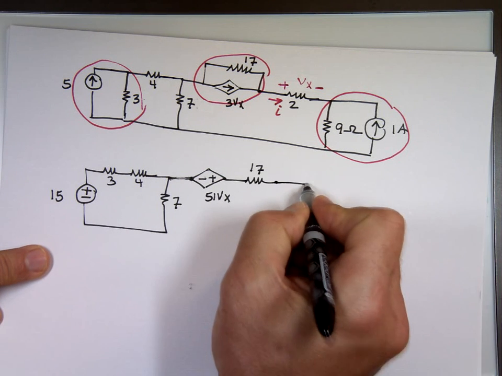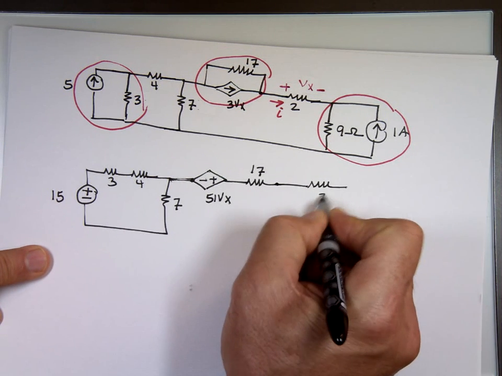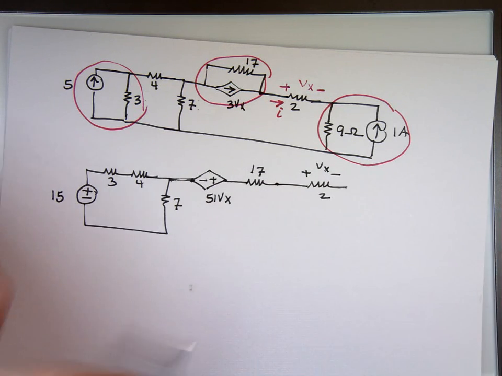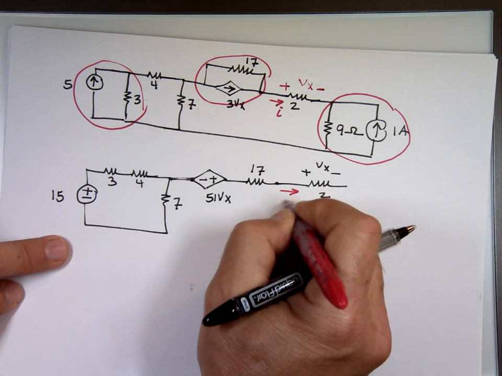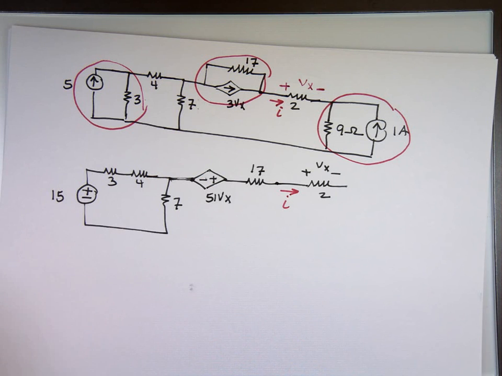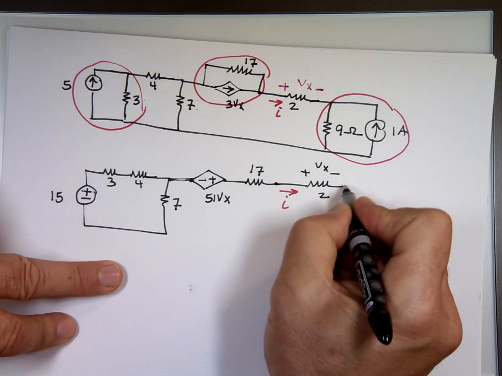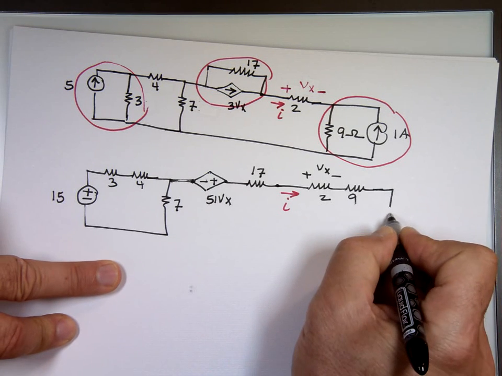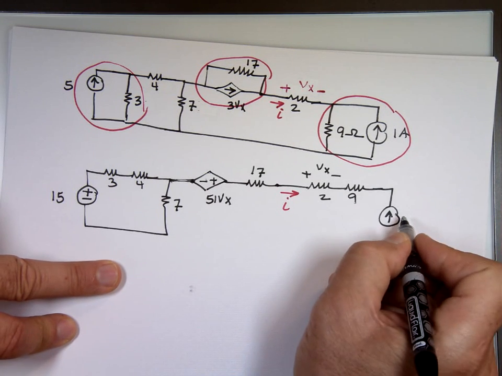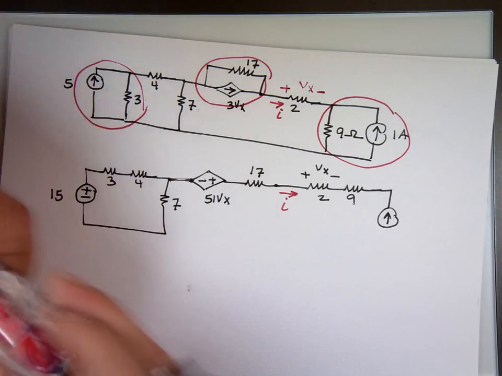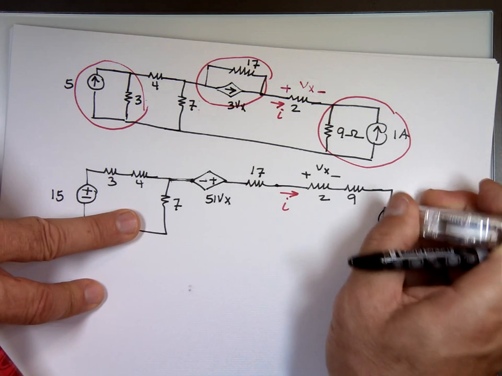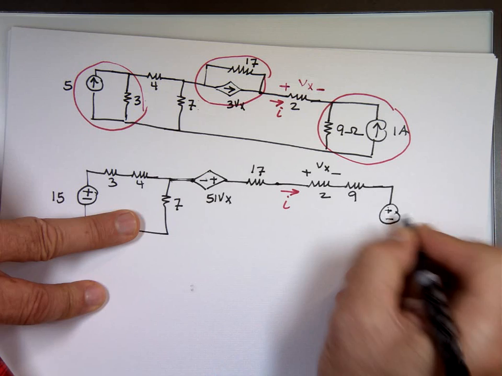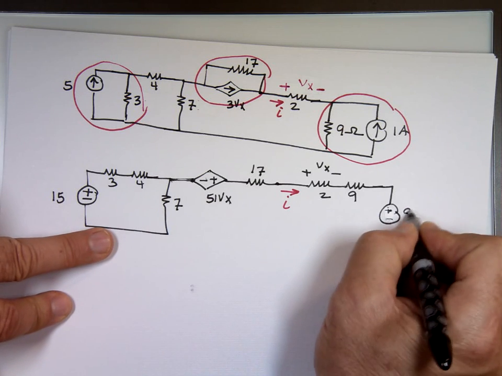This is that Vx, the 2 here. This is I going in this way. This is the 9. Oh, sorry, I changed that to a voltage source, right? What's the value of that? Plus on the top, minus on the bottom. 1 times 9, 9 volts.